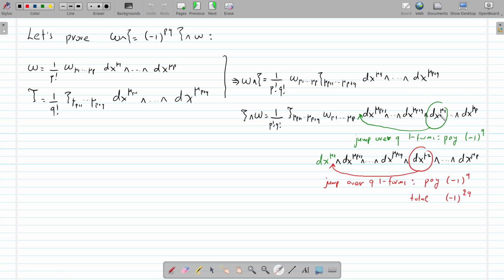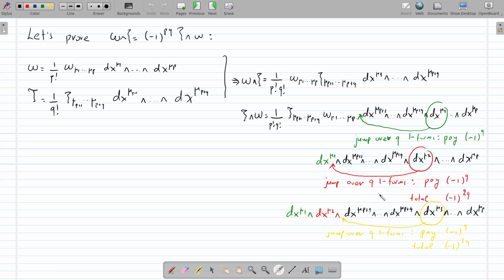Then we have to take dx^{mu_2} that follows dx^{mu_1}, and again move it along the product of q 1-forms, each time again changing the sign by (-1)^q. So after we have done that, the total change of the sign will be (-1)^{2q}, 1 for each motion.